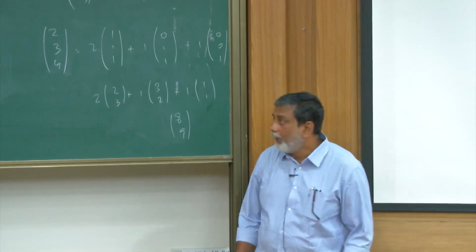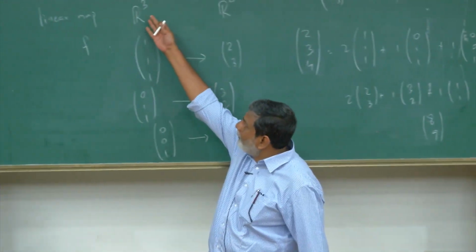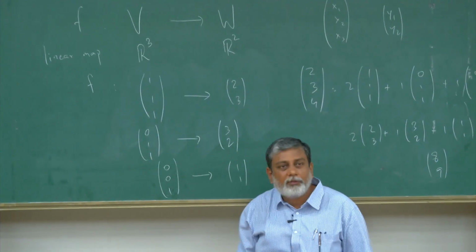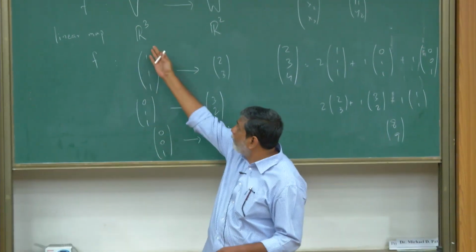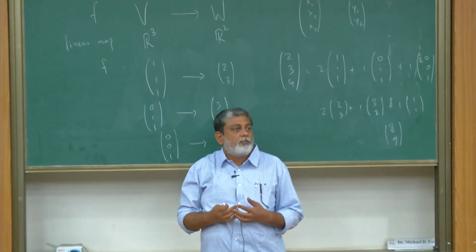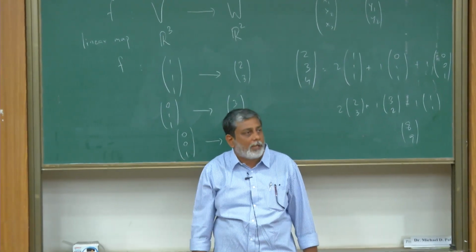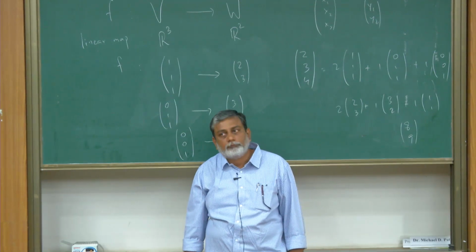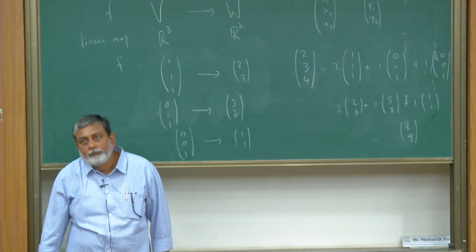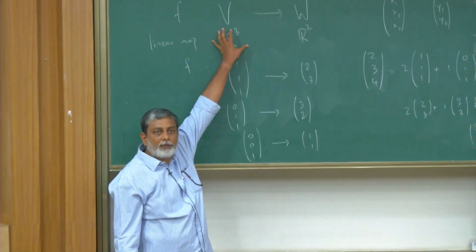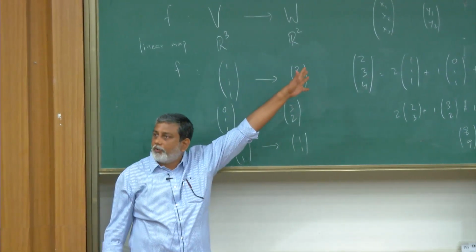Now, this being a three-dimensional space, these three vectors form a basis for this space. And once you specify where the basis goes to, you specified the complete linear map. And so now, if you take any vector in R3, you know precisely where it goes to.